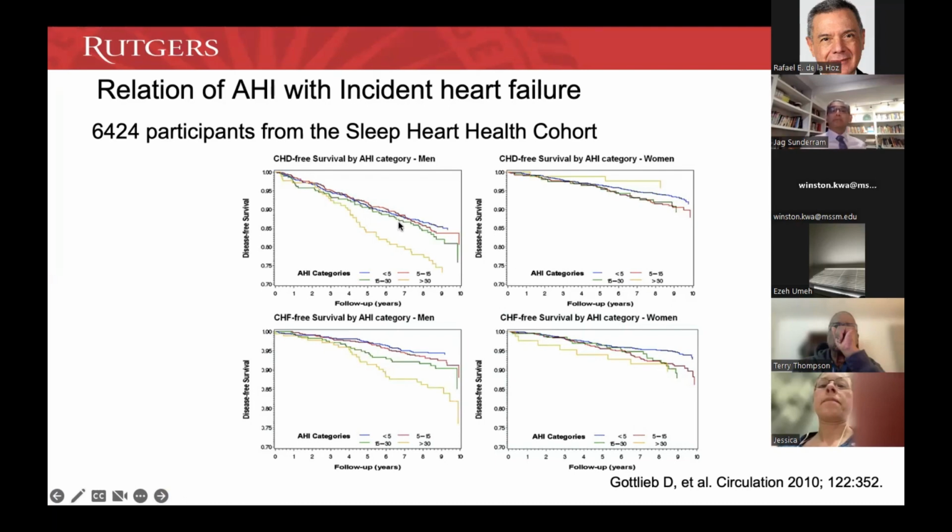It showed that in men, with the highest quartile of AHI, there was an increased risk for a reduction in disease-free survival. However, in women, this was not true. So this data showed that in men, the highest quartile of AHI, and in this situation it was more than 30, there was a risk for reduced survival.